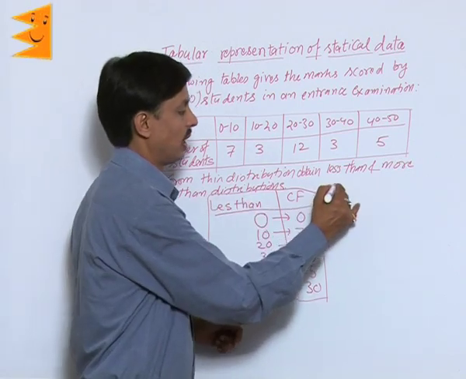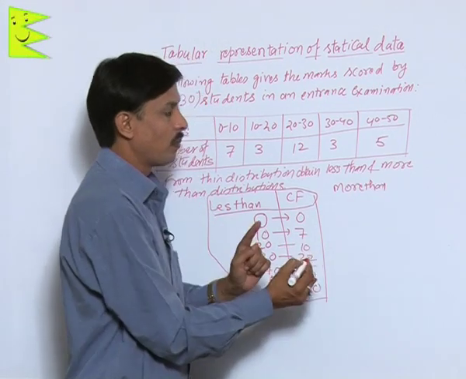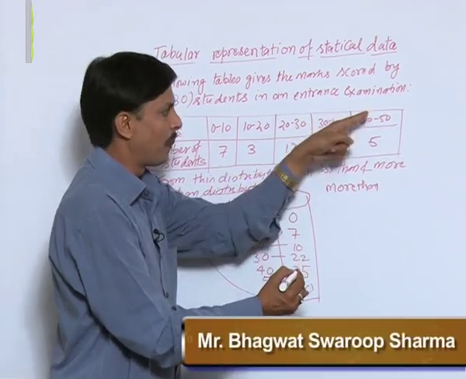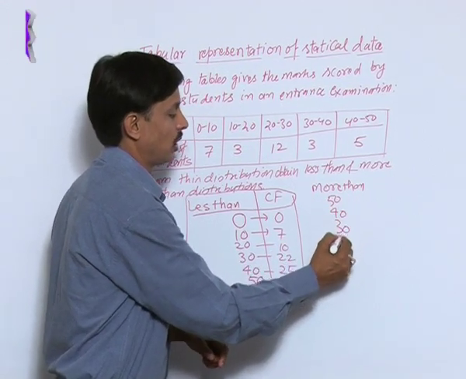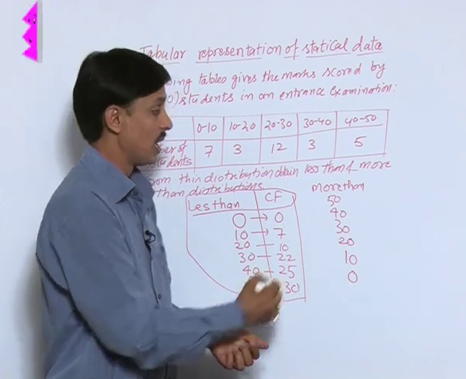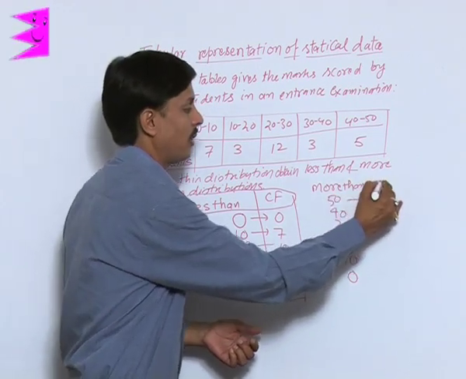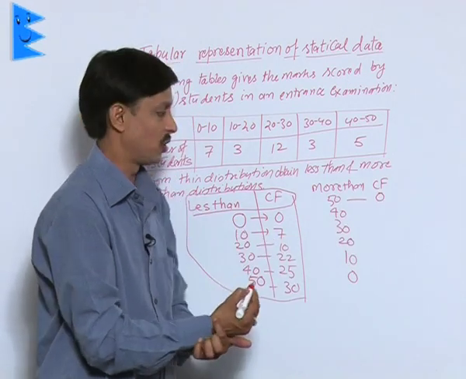Now in case of the more than, we begin with the upper limit: 50, more than 40, more than 30, more than 20, more than 10 and more than 0. If I say more than 50 in the cumulative frequency, no student. Possible? Not possible.